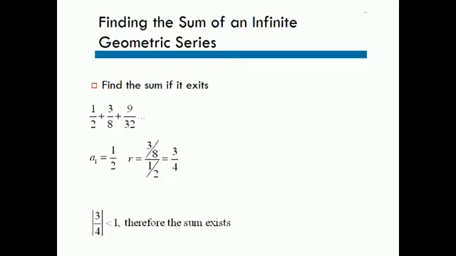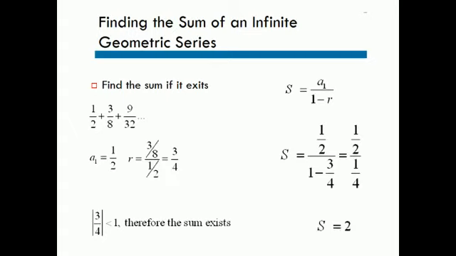R is equal to 3 by 8 divided by 1 by 2, second term divided by first term. You will get 3 by 4. Yes, we got A and R. Then write the formula: S is equal to A1 by 1 minus R. Give the values: 1 by 2 divided by 1 minus 3 by 4. Calculating, you will get S is equal to 2.